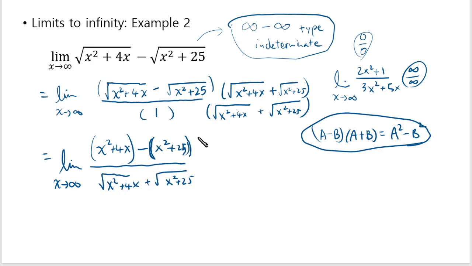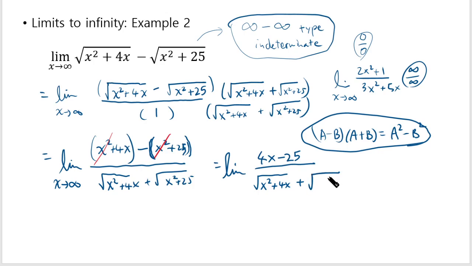Now when you get rid of this parenthesis, this is x squared minus x squared, so luckily these two things cancel. Oh, that's nice. And then you have 4x minus 25 as the top, right? So you have the limit of 4x minus 25 over square root of x squared plus 4x plus square root of x squared plus 25, x going to infinity.